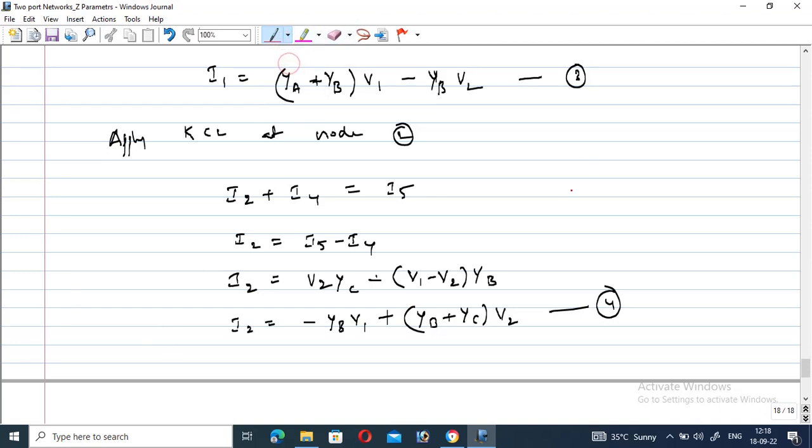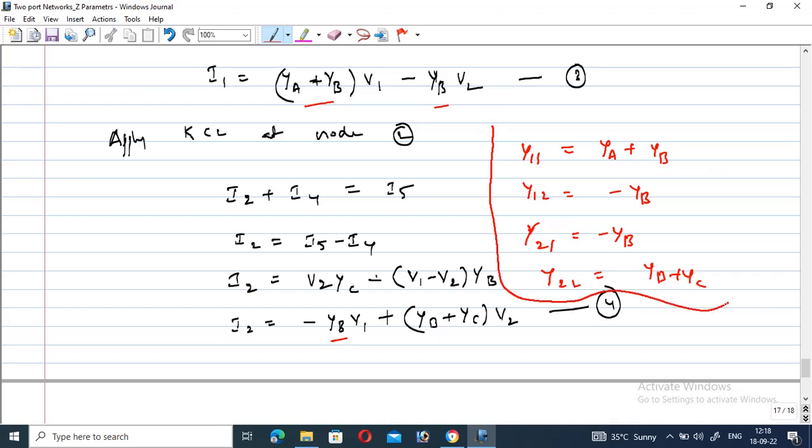So Y11 is equal to YA plus YB, Y12 is equal to minus YB, Y21 is equal to minus YB, and Y22 is equal to YB plus YC. So these are the Y parameters for the pi section.